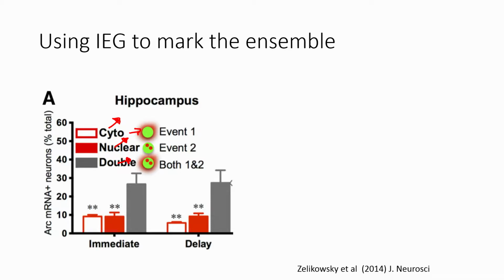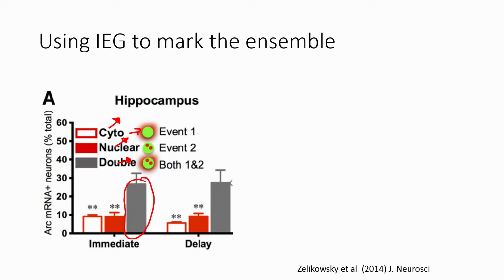Good. So, now let us look at the hippocampus of the group which underwent immediate shock. What we see here is that very few of the neurons are purely event 1 neurons, very few of them are event 2, but a large fraction of them express both event 1 and event 2.